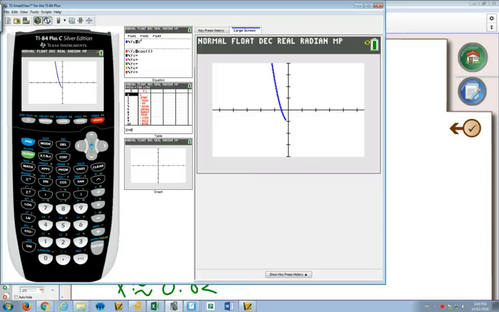Because now there's only one graph showing. Could I still get the answer from this one? There's only a parabola there.